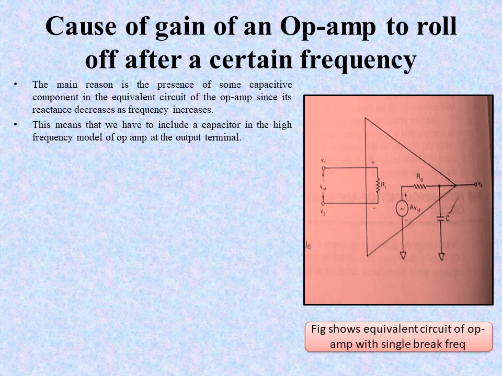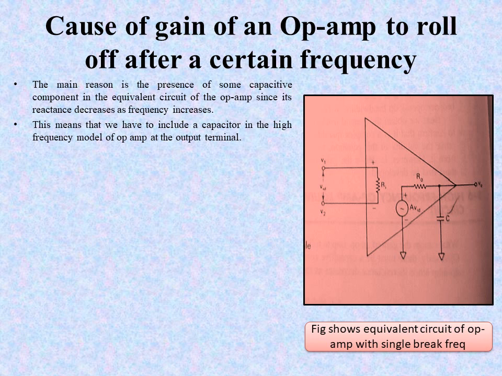So the first and foremost reason given for the decrease of gain as the frequency increases is the existence of some capacitor. It is assumed that there is some capacitor drawn along with the equivalent circuit of the operational amplifier.